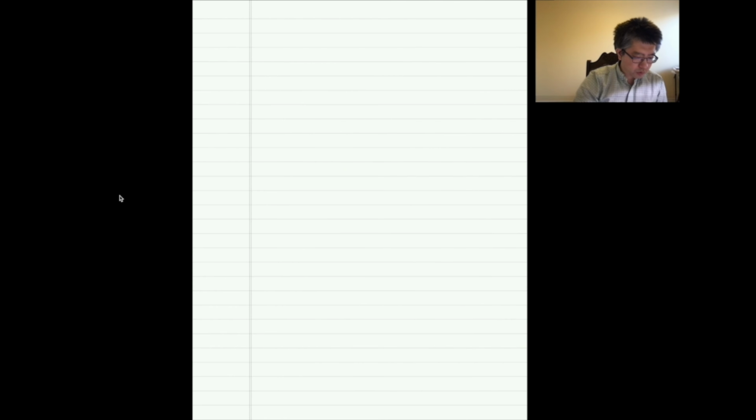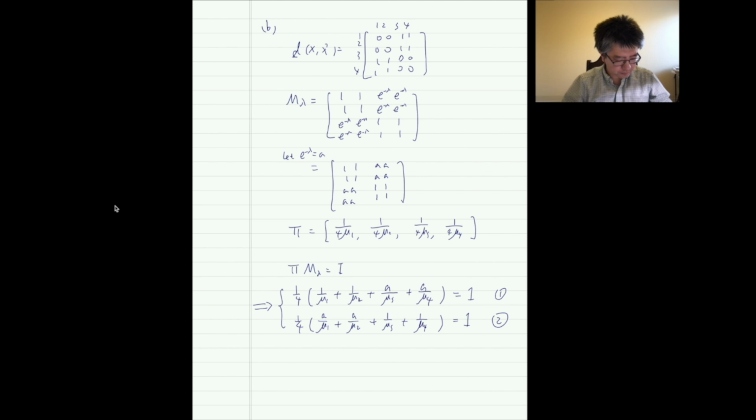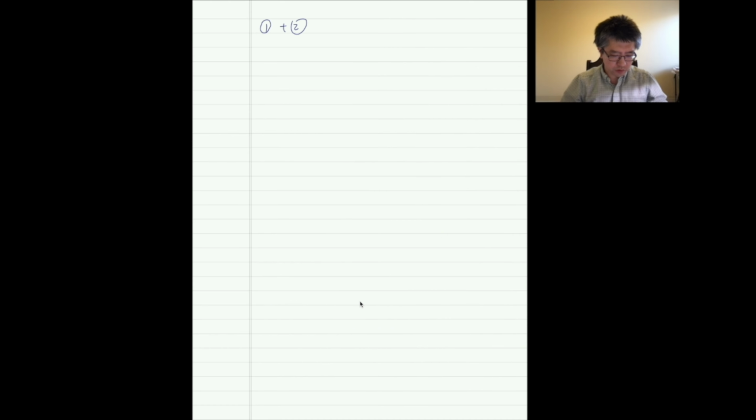Okay, so what we do here is the following. First, we're going to use 1 plus 2. If we use 1 plus 2, you can see that we get 1 plus a everywhere on the numerator, so that can be interesting.